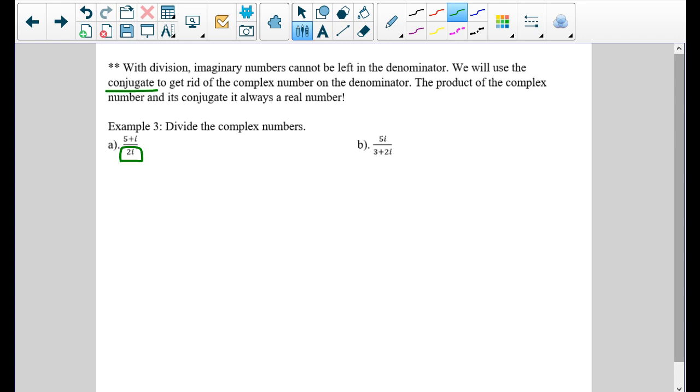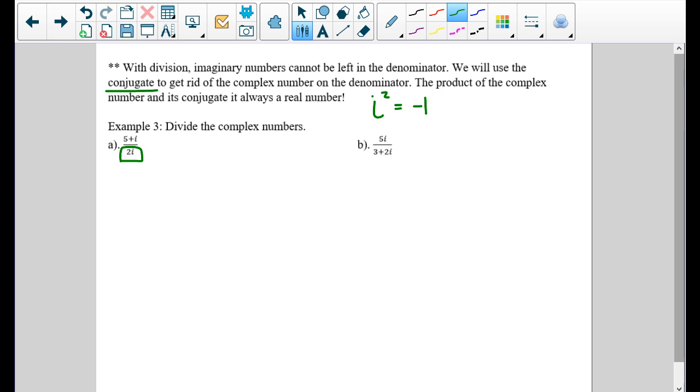The product of a complex number and its conjugate is always a real number. Remember, i squared is always going to get me a real number. Anything to an even power gets me a real number. So that's one thing you're going to look at.